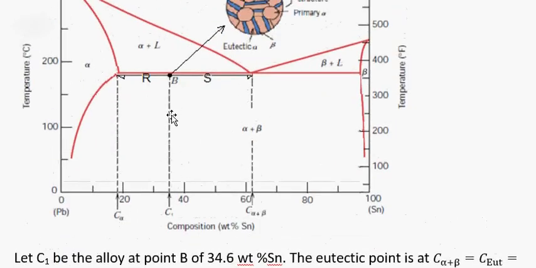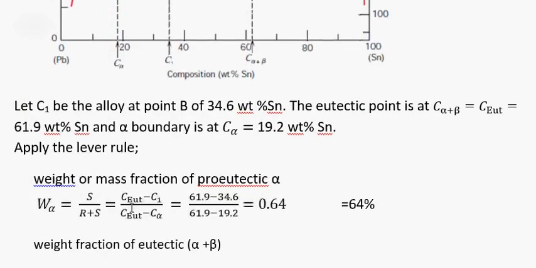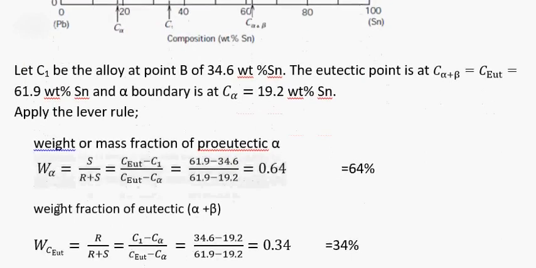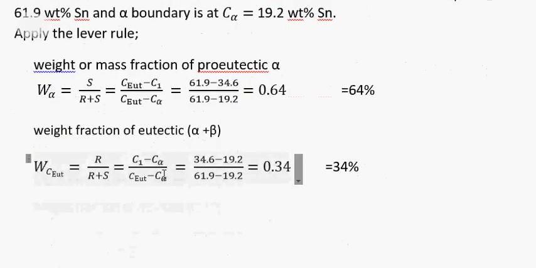The fraction of the eutectic structure is going to be R all over total R plus S, and that of the peritectic alpha is going to be S all over the total R plus S. So this is the fraction in weight percentage, which is that of peritectic alpha, which is 0.64%, and this is that of the eutectic mixture, which is 34%.